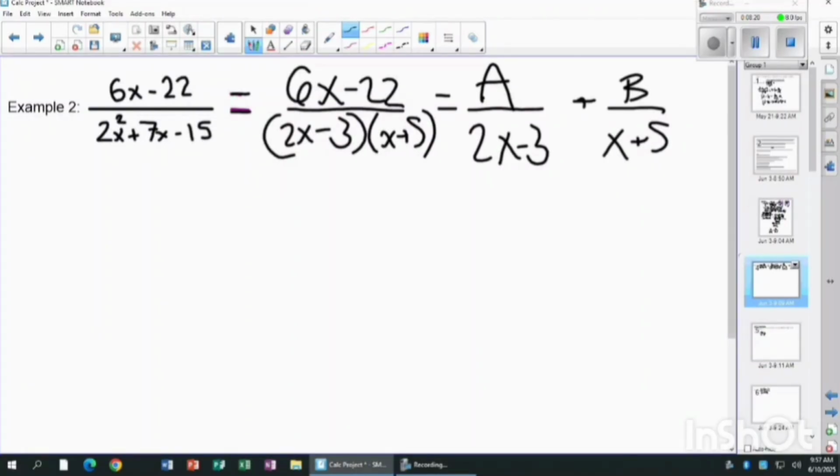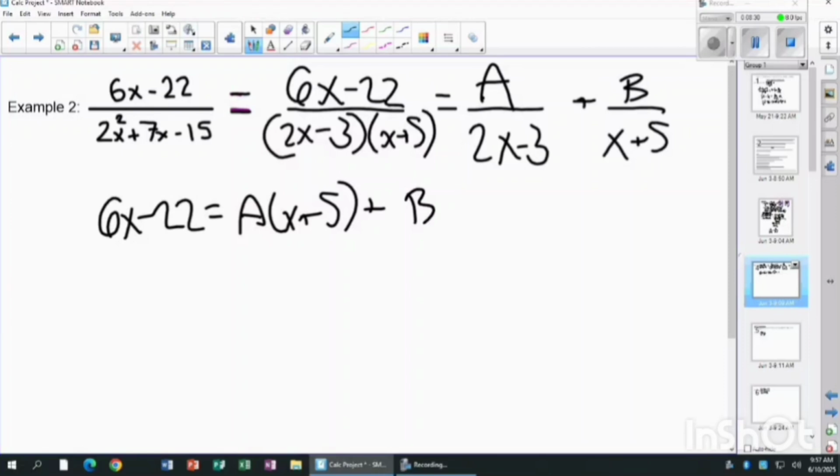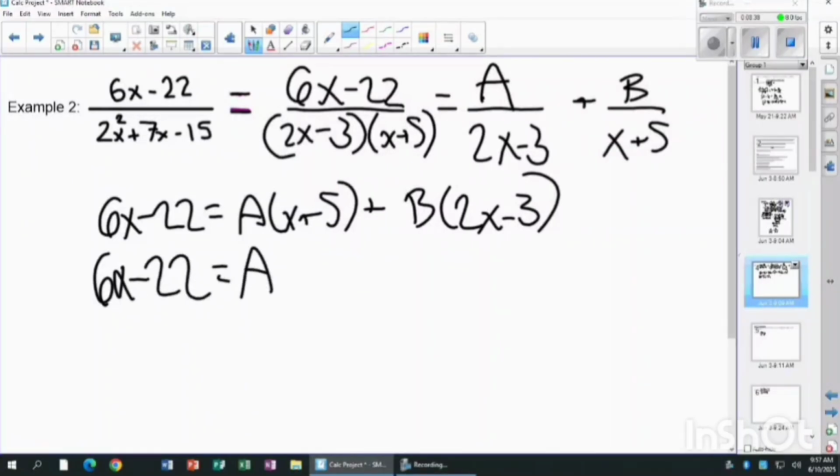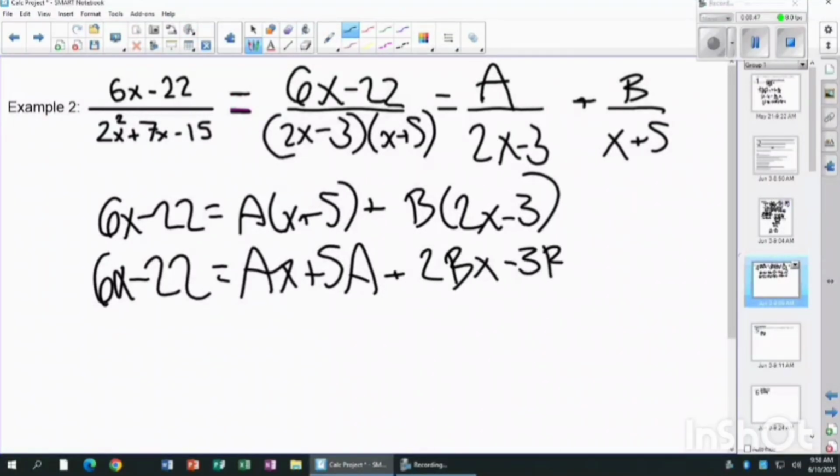And after multiplying by the denominator, on the left you have 6x minus 22 equals a times x plus 5 plus b times 2x minus 3. That would give you 6x minus 22 equals ax plus 5a plus 2bx minus 3b.